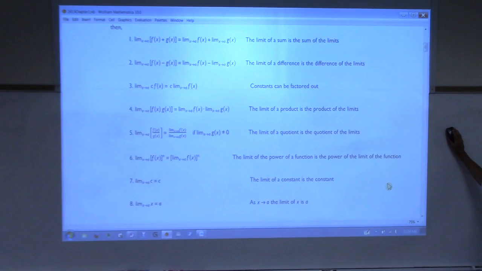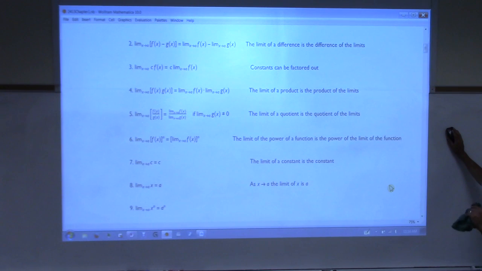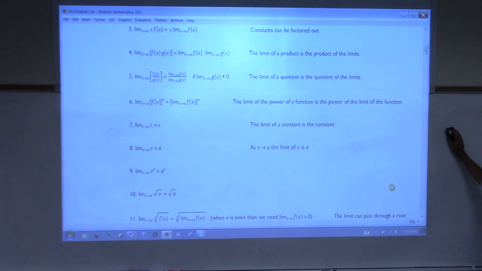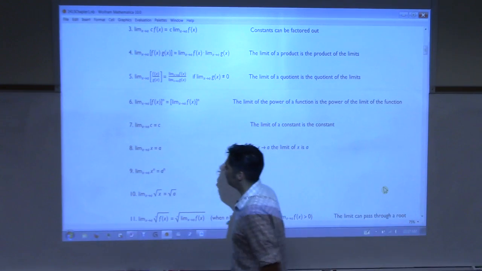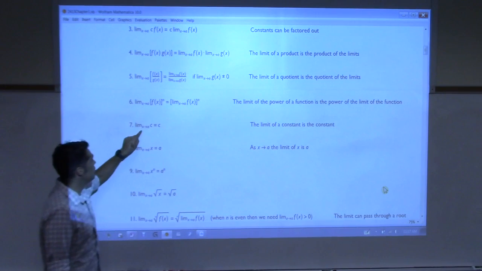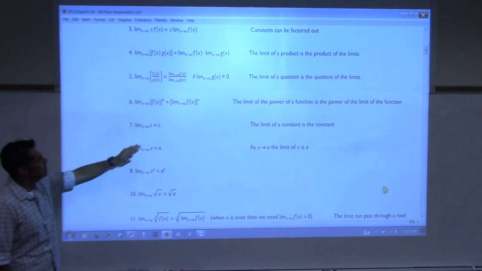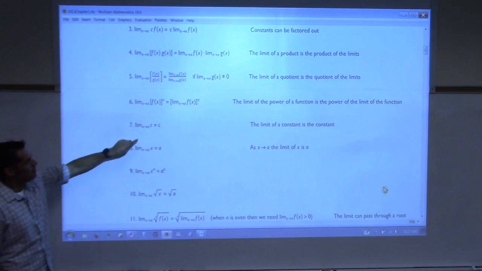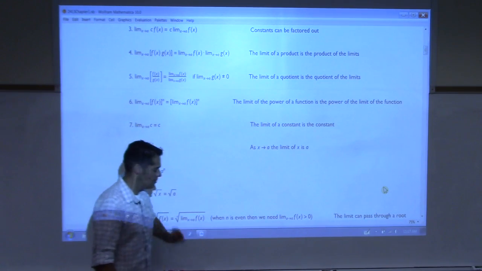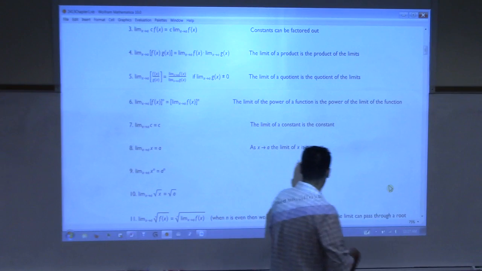The big things that I want you to remember from these limit laws, the ones that we'll use the most, is that the limit of a constant is a constant. I almost asked this on the quiz, but I remembered that there were too many formulas and this would maybe be a little too hard. So let me just give you an example of that.